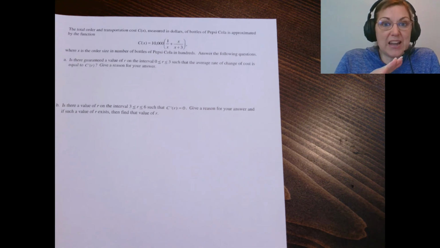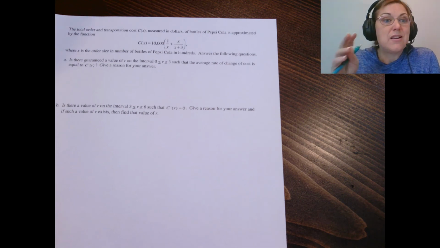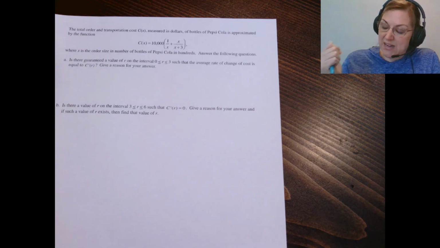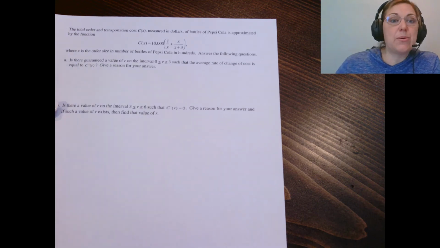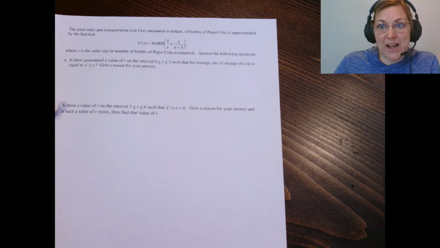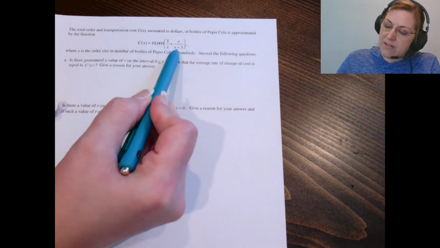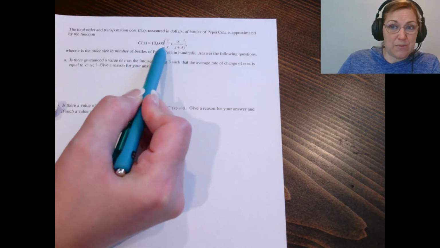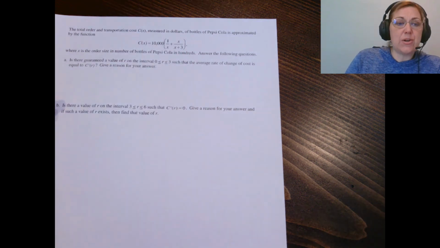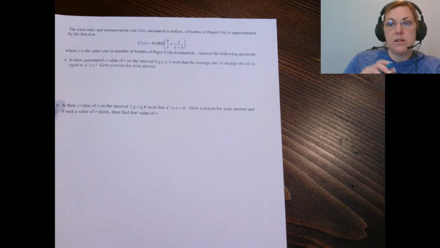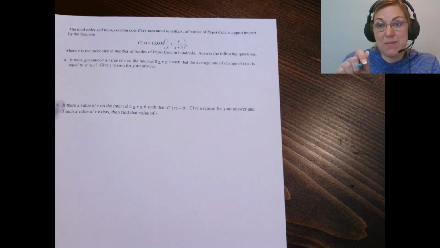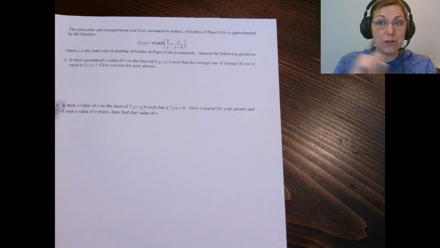And so when we're looking at the average rate of cost equal to the derivative, that's mean value theorem. So let's go through our criteria for mean value theorem. Mean value theorem says we've got to be continuous from 0 to 3. Now my problem right here with the continuity would be at 0 and at 3. So mean value theorem said we had to be continuous on the closed interval.